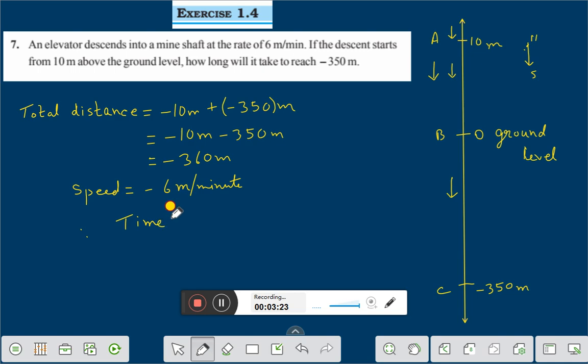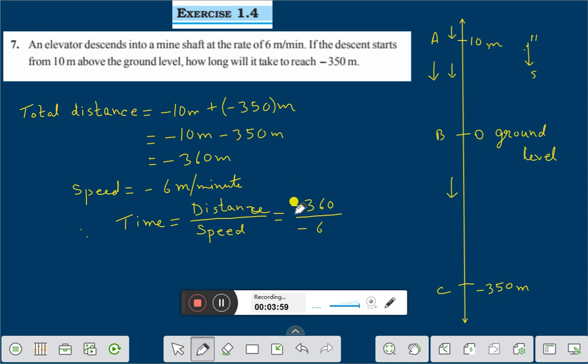time is equal to distance by speed. Therefore the distance is minus 360 and the speed is minus 6 meter per minute.